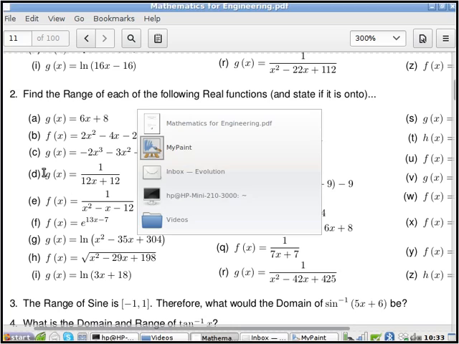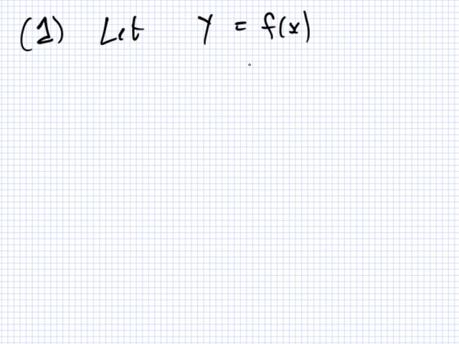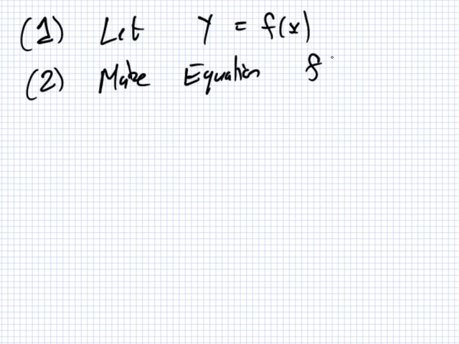Okay? So how do we find the range? The method I'm going to show you works for all the questions. So the way we did the previous ones, you could use this method as well. The method is done in a couple of steps. First step is you let y equal your function. The second step is you make an equation, usually equal to 0, f(x) minus y equal to 0.